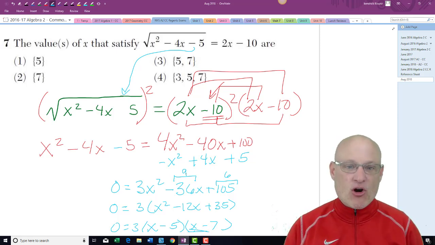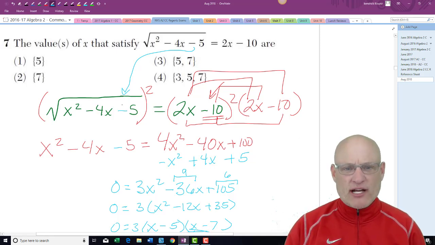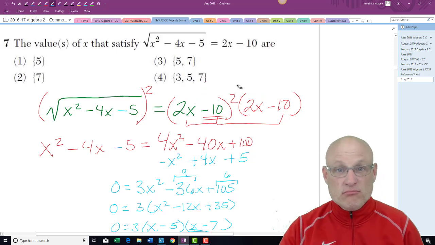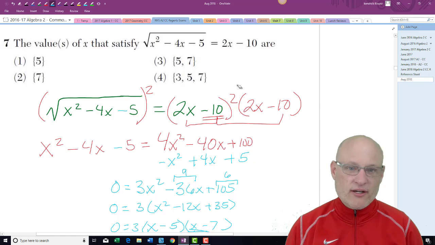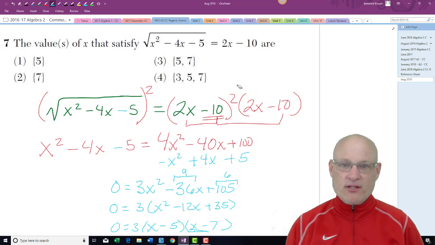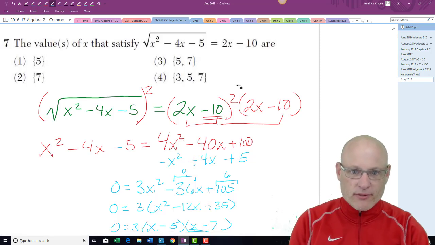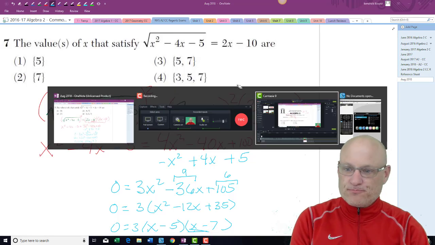That happens all the time. So you have to check the answers anyway. So why should I go through all of this work? I did it because I want you to learn how to do the problem. But why should I go through all this work if I've got to check the answers anyway? Are you kidding me? All right, here we go. We've got to go over to the calculator and check them.